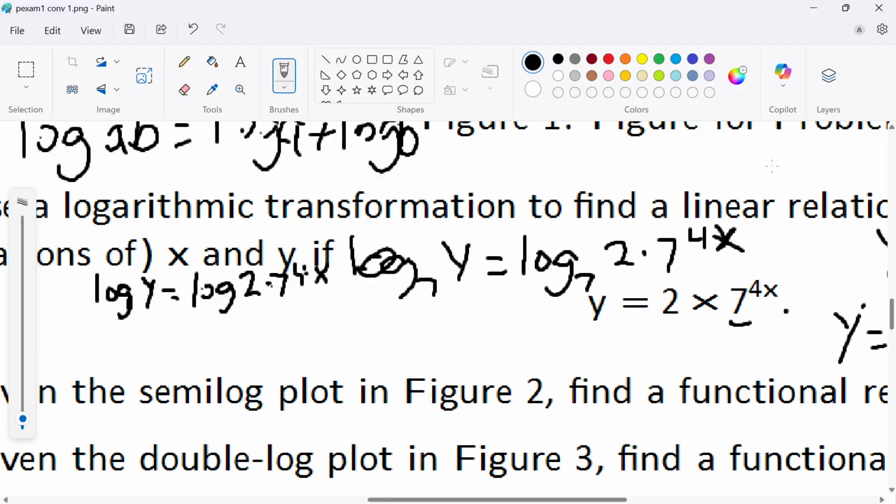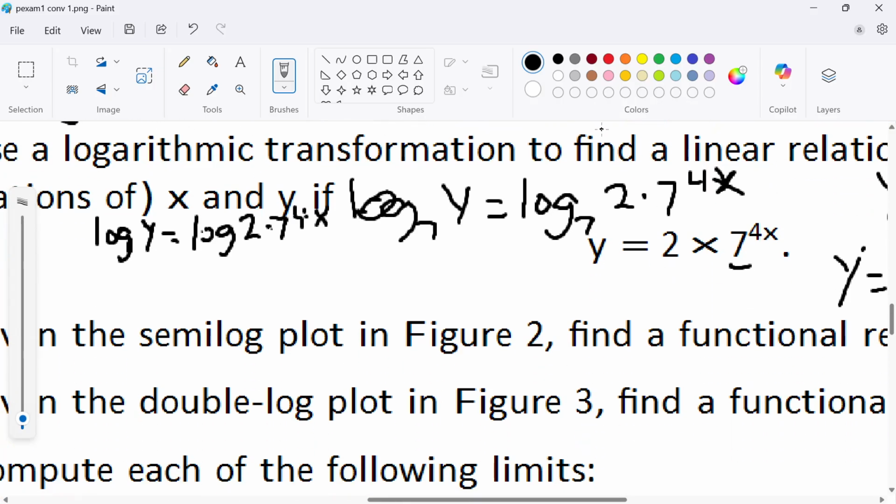Okay, now nothing's going to go away this time because I'm in log base 10 and I don't have any 10s in there. So I can rewrite this again as log base 10 of y equals log base 10 of, I'm going to put the 7 to the 4x first, because the x component should be first, plus log base 10 of 2.